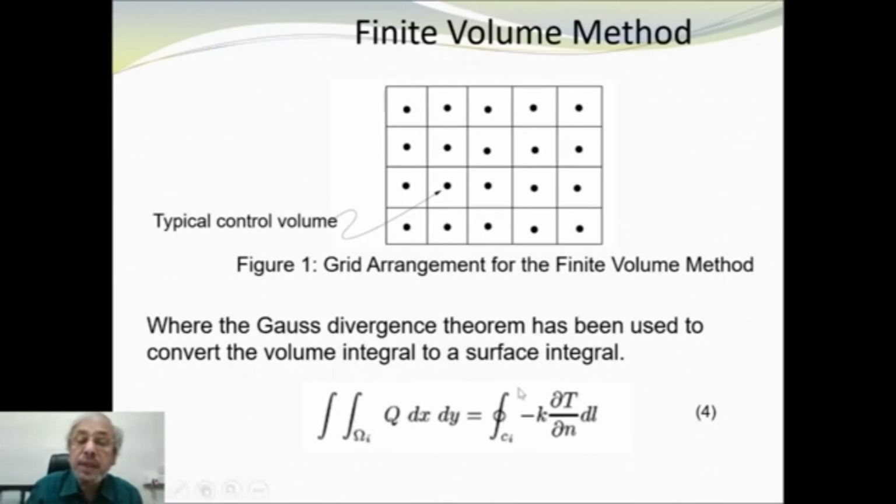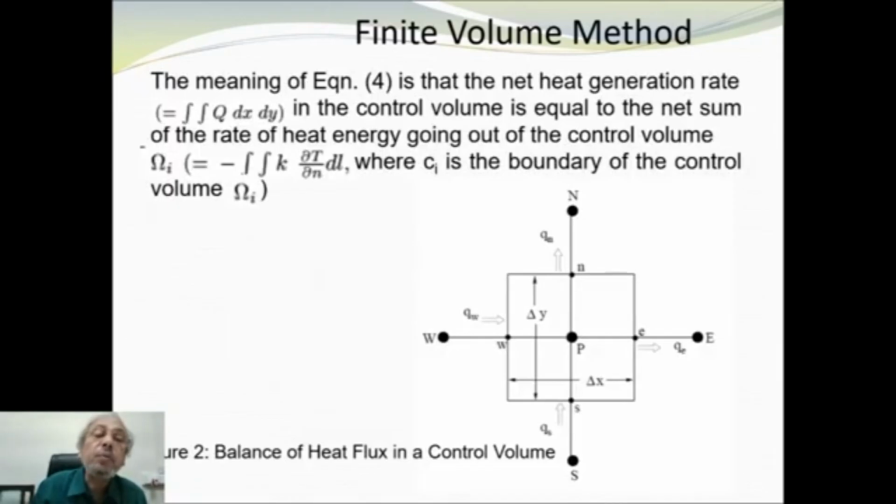So by applying Gauss divergence we get the line integral k del T by del n dl, and on the other side Q dx dy integrated over the domain omega i.